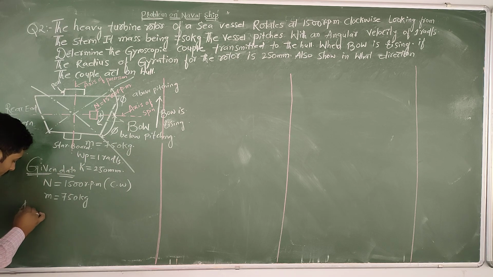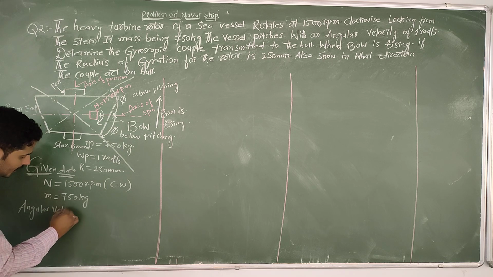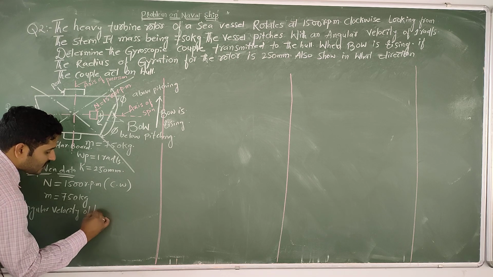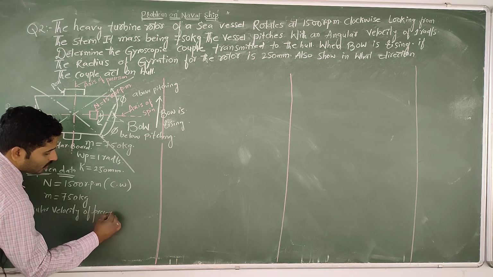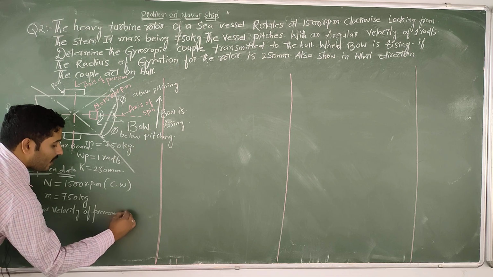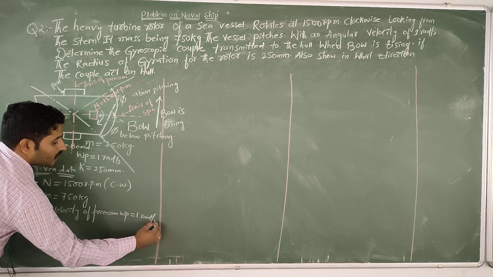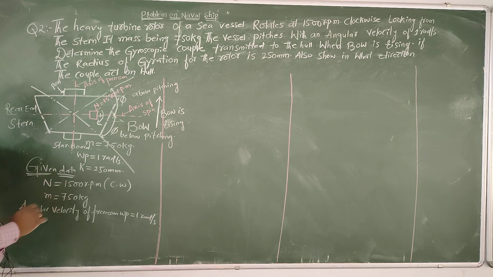So the angular velocity of precession, omega p, is equal to 1 radian per second. We got it.